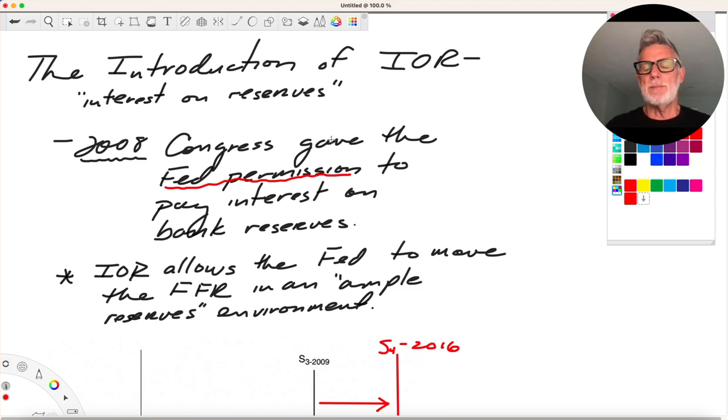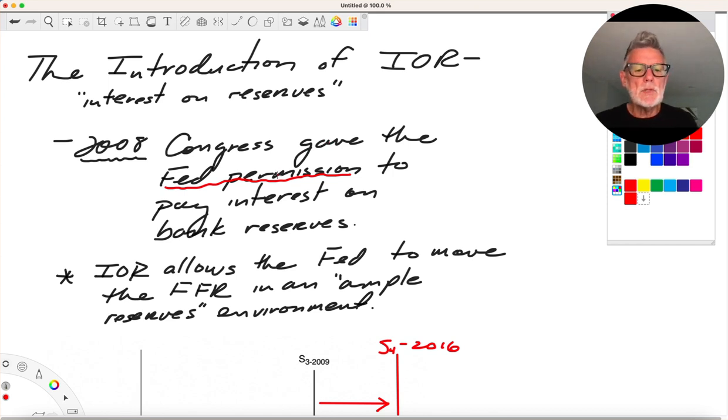Banks used to complain about that because, particularly when they were required to hold some reserves with the Fed, there was a reserve requirement, they felt like the Fed was forcing them to hold reserves that they couldn't earn interest on, and therefore this policy actually hurt their earnings.